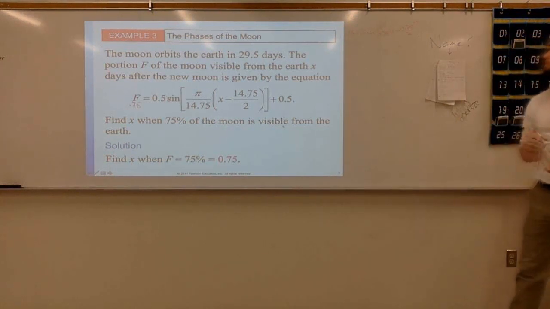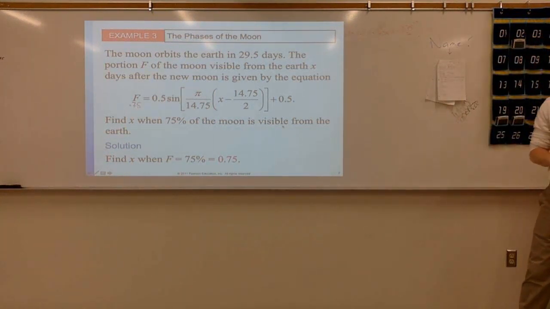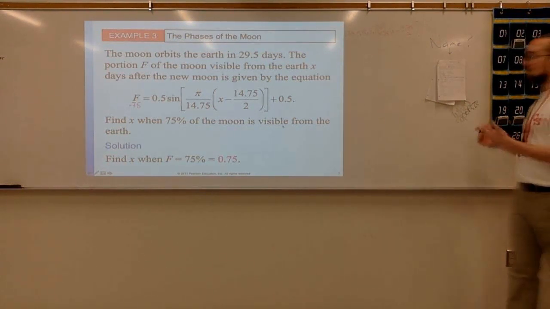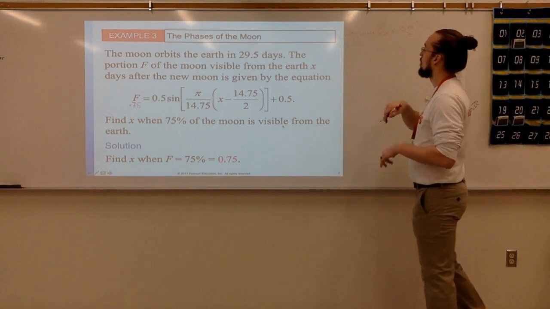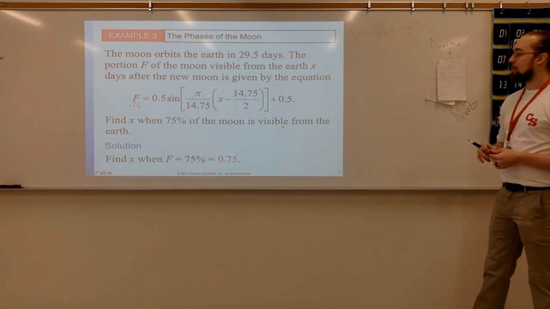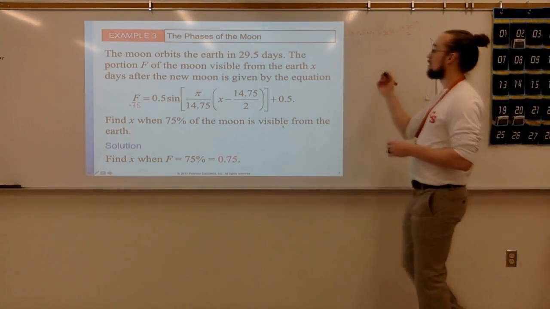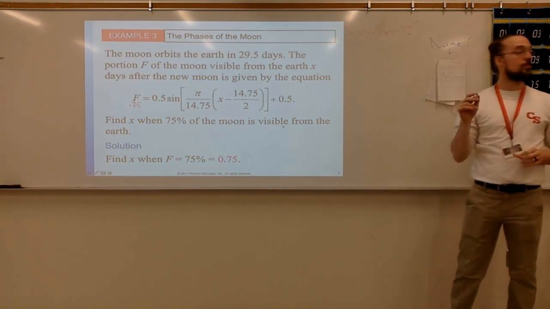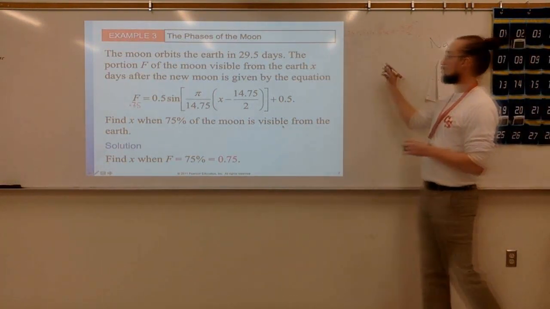Divide that 0.5 over. So 1/4 divided by 0.5.